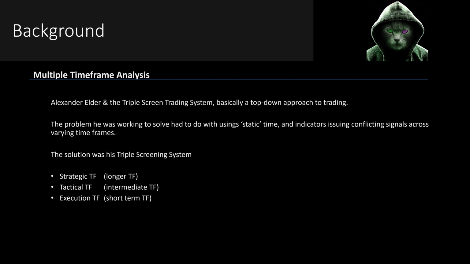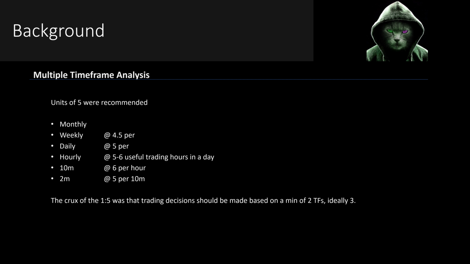So he developed this triple screening system where he's got basically three time frames. He's got a strategic one that looks at a bigger time frame, a tactical one that he would focus most of his time and attention on, and then an execution one to let him dial back and be more precise with that entry. And he actually recommended a multiple of five based off of this concept.